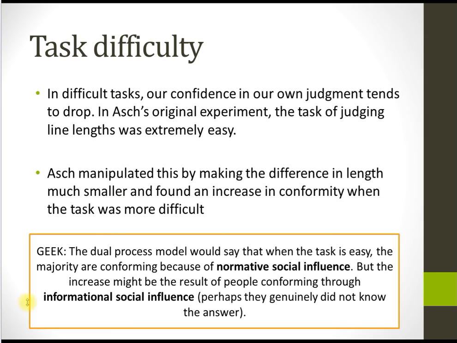So if we link back to the dual process model from lesson 1, what we're saying is, when the task is relatively obvious, the answer is obvious, it's more of a normative social influence. However, when the task becomes more difficult, this becomes more informational.